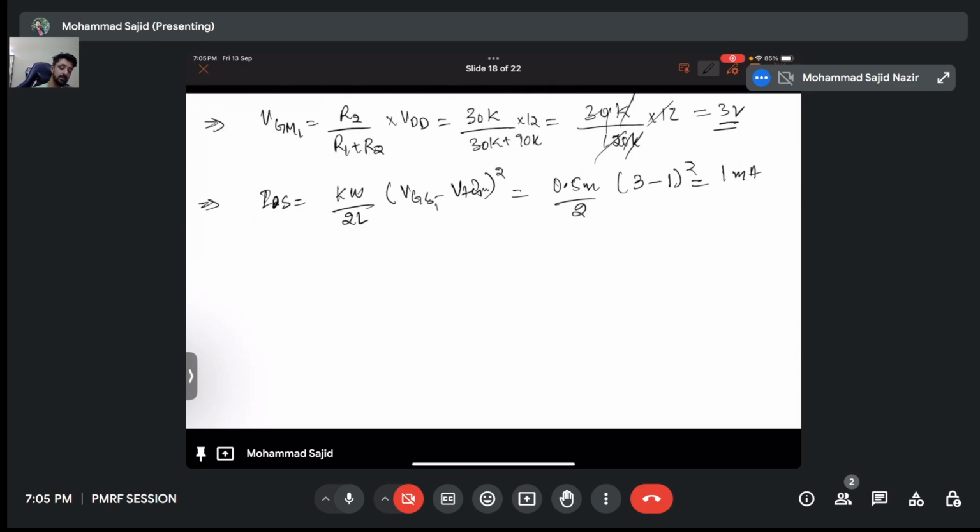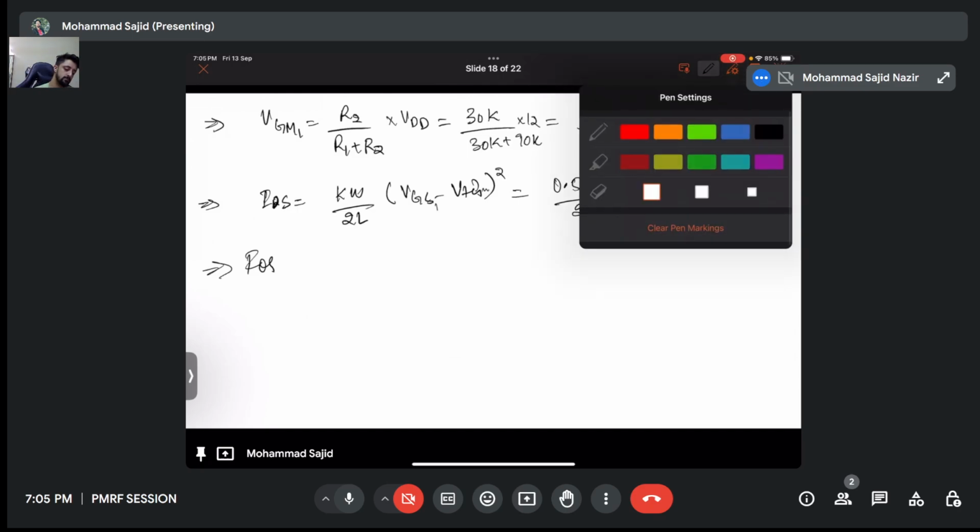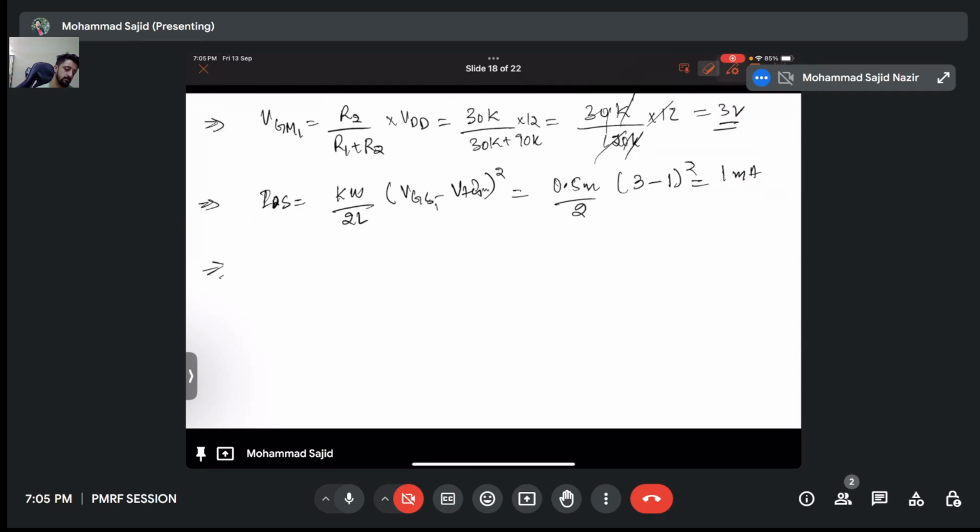So ISD, now for the second transistor, because it's a PMOS, ISD is kW by 2L times VSD2 whole square.